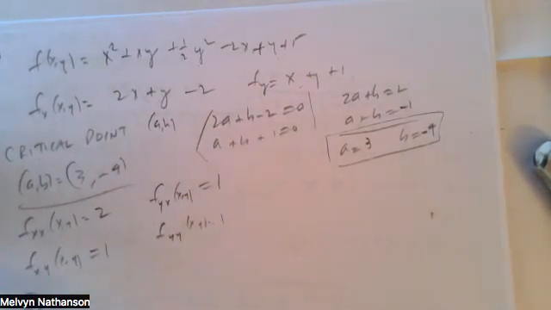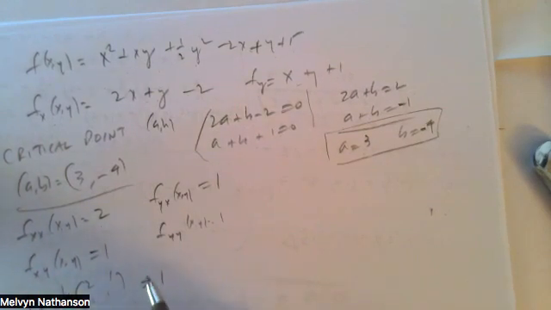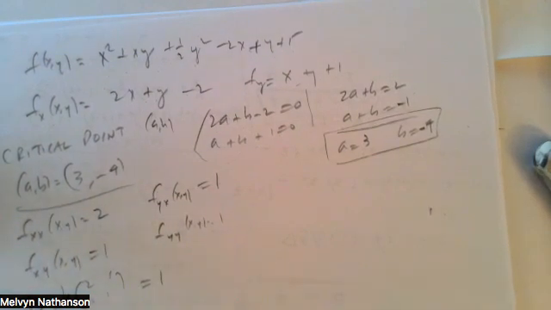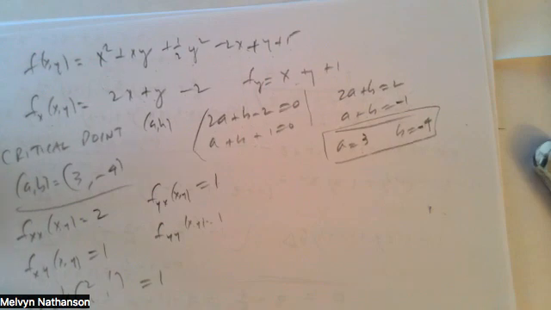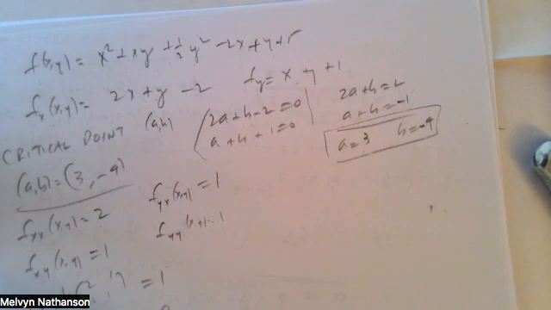So my determinant D that I have to calculate is 2, 1, 1, 1. This determinant is equal to 1. So this number D at the point (3, -4) is 1, which is positive.